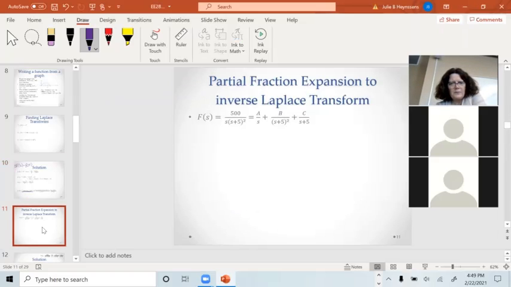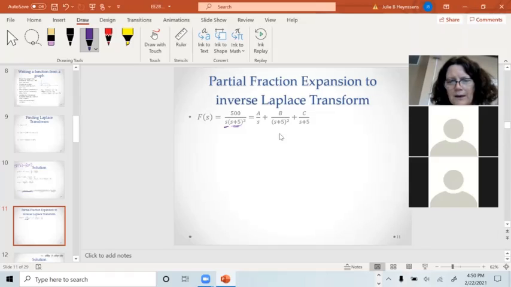Partial fraction expansion, you can do it on your calculator, or you can do it by hand. The first thing here is I've got 3 factors in the denominator. I've got s plus 5, and I have s plus 5 squared.